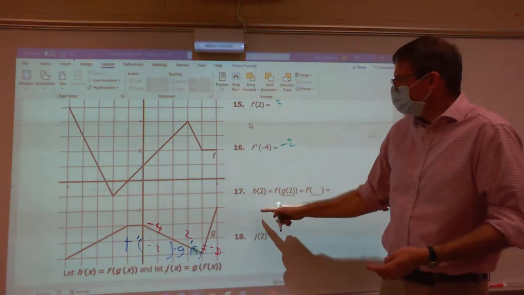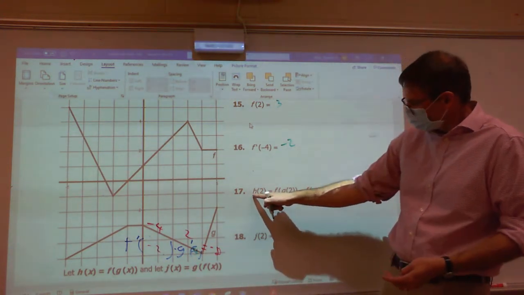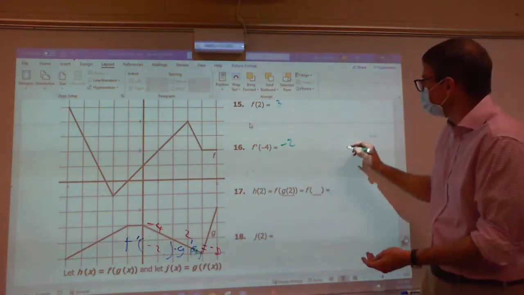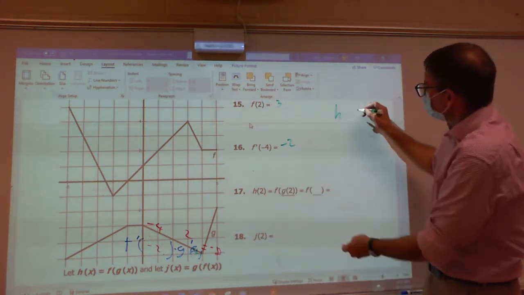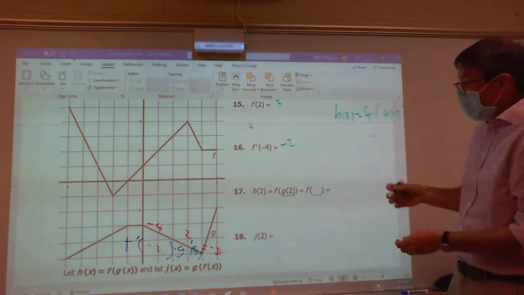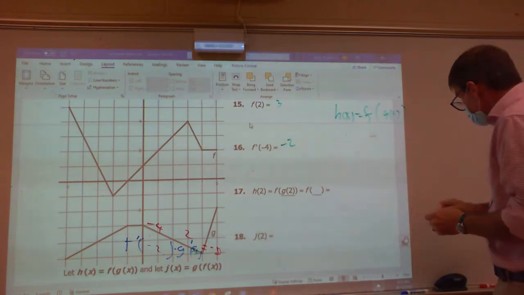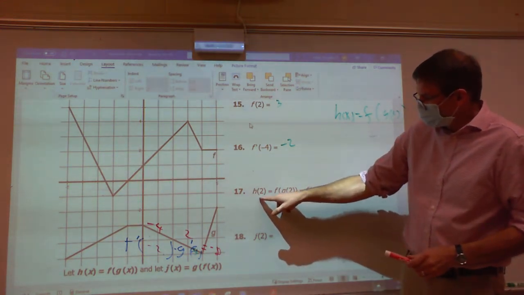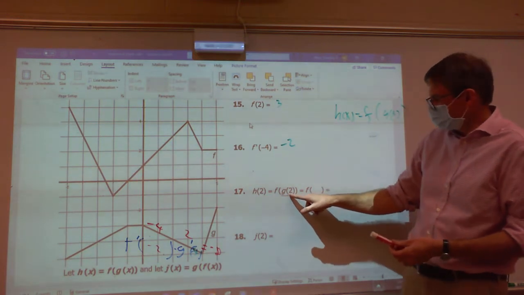Okay, what happens if I define h of x? It's the same thing here. I still define h of x as f of g of x. And I remember asking questions like this in pre-cal. What's h of 2? Well, what's g of 2?